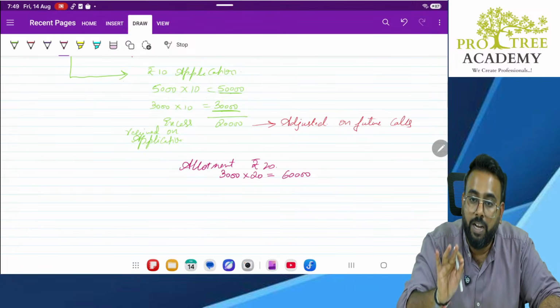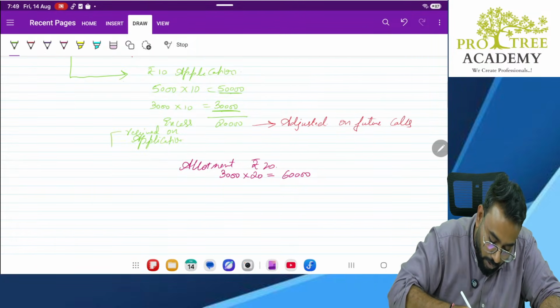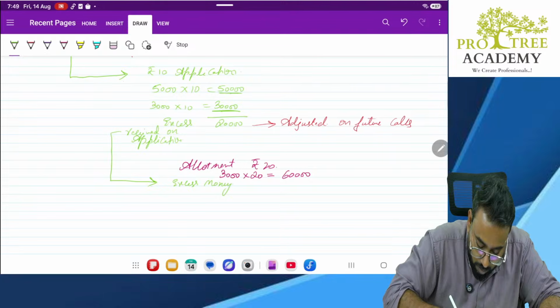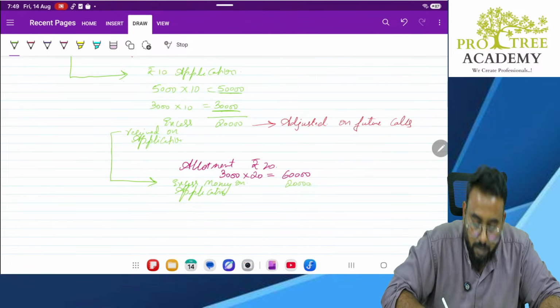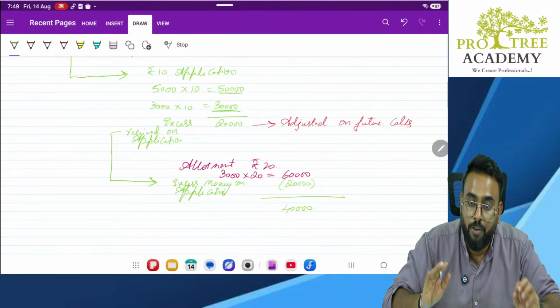But he will not pay the entire 60,000. Why? Because you already have 20,000 with you. So excess money on application, 20,000. So how much will you receive? You will receive only 40,000.